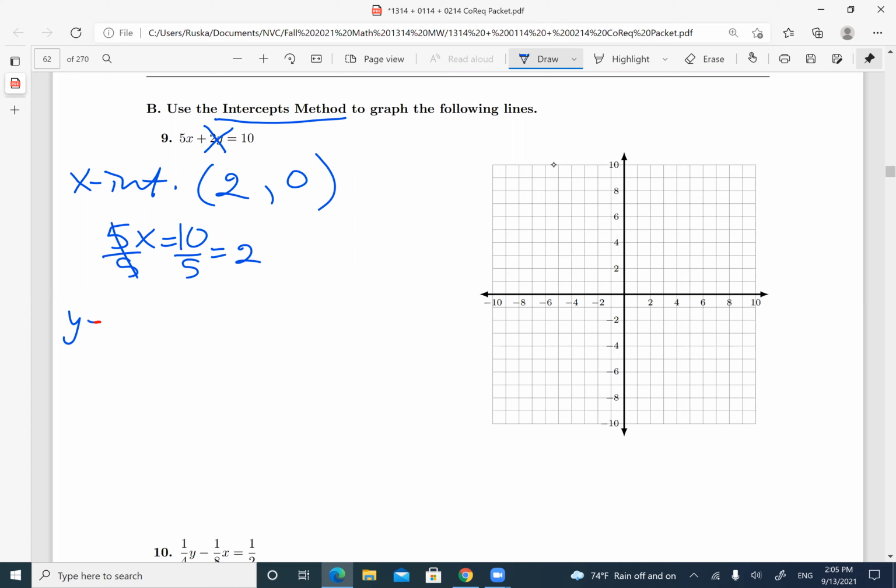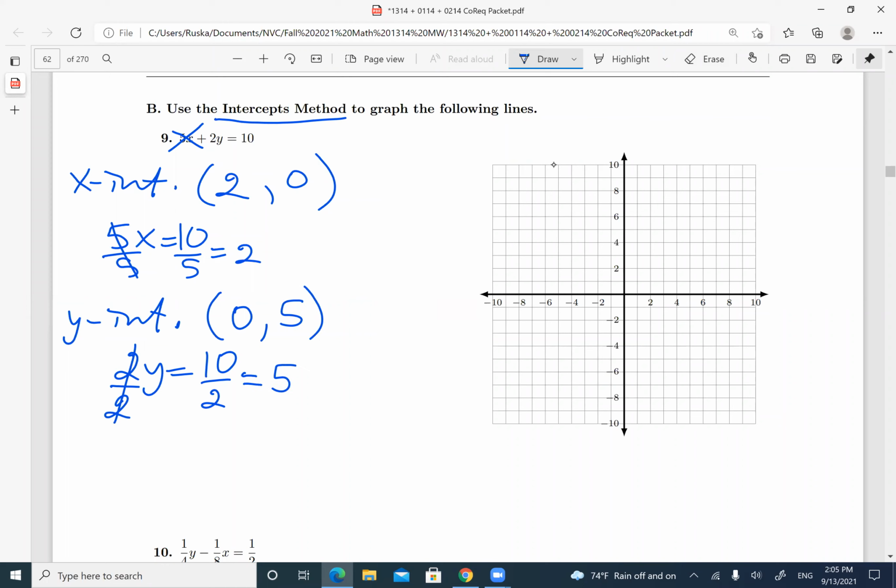Then for the y-intercept, I'm following the same equation, but now x is going to be 0. So I'm going to cross out the 5x because 5 times 0 is 0. So I'm going to solve 2y equals 10, divided by 2. And that's going to give me 5.